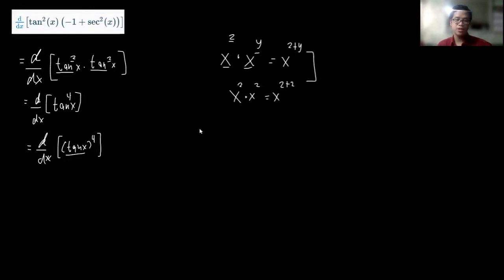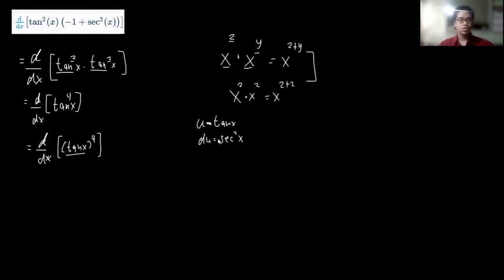The inner part here will be your u. So let u be tangent x. Then the derivative of tangent, if you recall, is secant squared of x. You remember this one, secant squared of x.